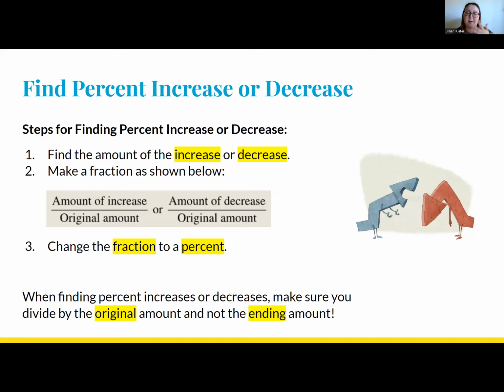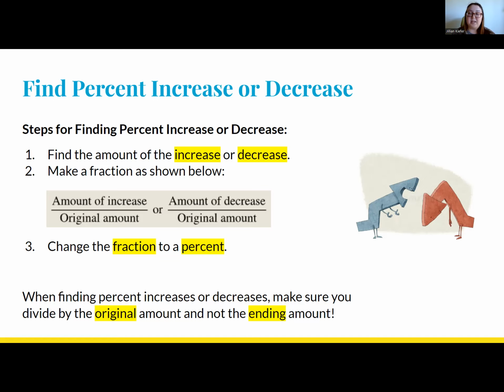Whatever the original amount of the item is, you take that value, and it is going to be the denominator of the fraction where you have your amount of increase or decrease divided by the original amount. Then you take your final answer and change it to a fraction or a percent. Most often percent, but potentially could be a fraction.